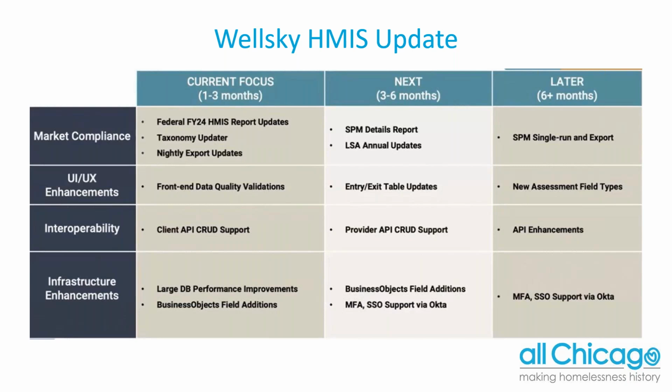Under the user interface and user experience enhancements, they're looking at adding some data quality validations into the user interface. So if things are not correct dates or incorrect date ranges or not the right values, they are adding some validations into that. Not a lot of specificity on that.